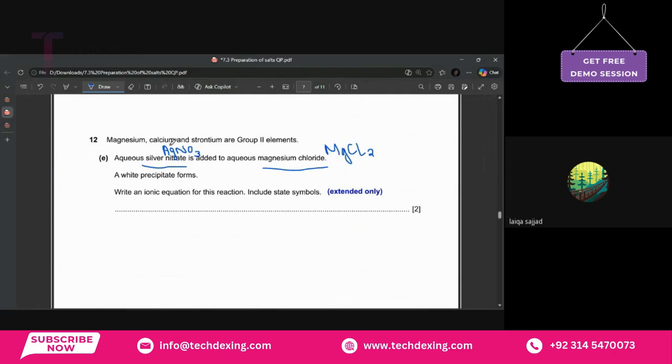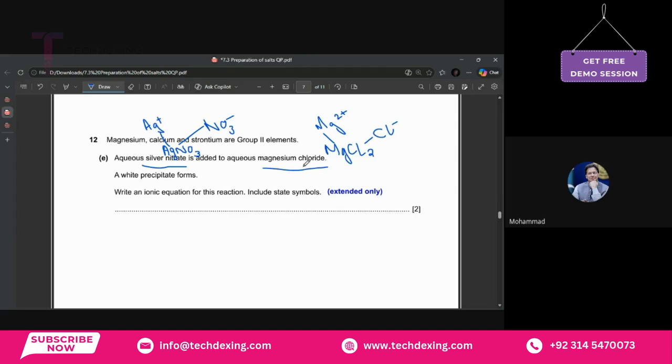It will give you Ag plus and NO3 minus ions, and it will give you Mg2 plus and Cl minus. Very good. So what would be the reaction that will take place? Which of these ions will react with each other and give us a product?